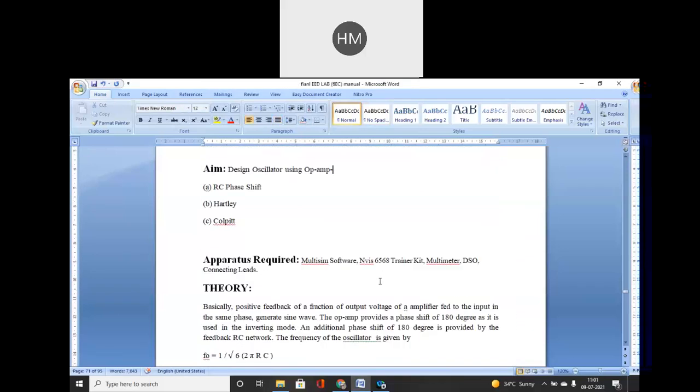Okay, now here we all know we are using an active component, that is the operational amplifier. The operational amplifier provides a phase shift of 180 degrees if it is used in inverting mode. We all know, ठीक है ना, the operational amplifier can work in inverting and non-inverting mode. ठीक है, inverting mode has many benefits.